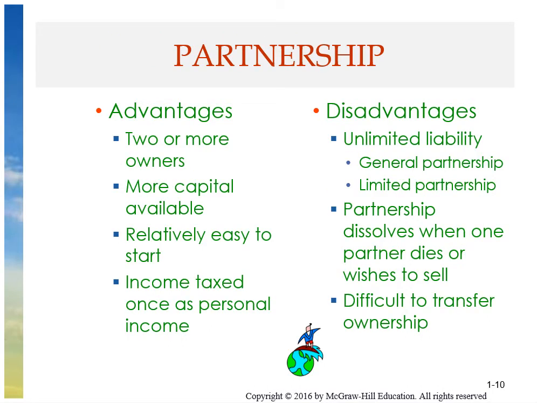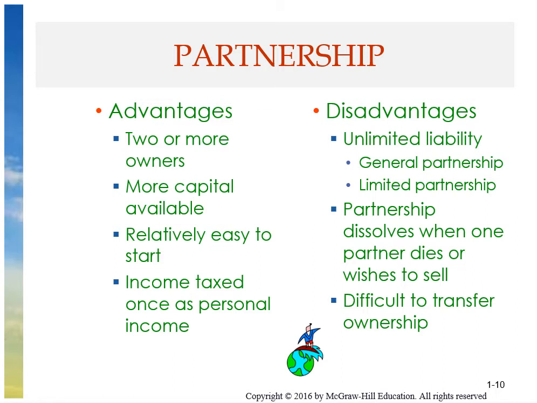The second type is the partnership. You partner with someone and you register the partnership. So you can team up with others. It is relatively easy to start. Income is taxed as personal income.